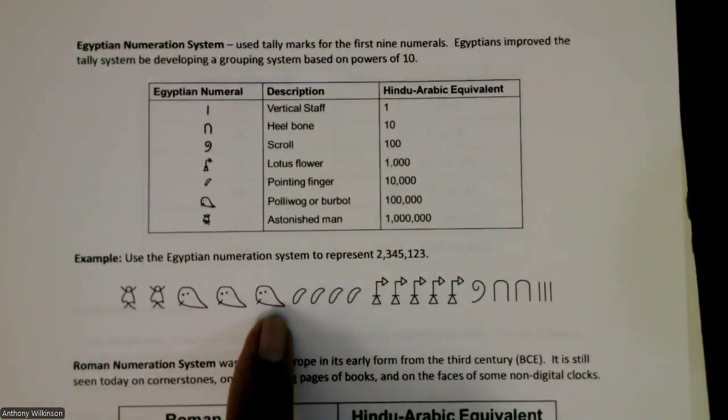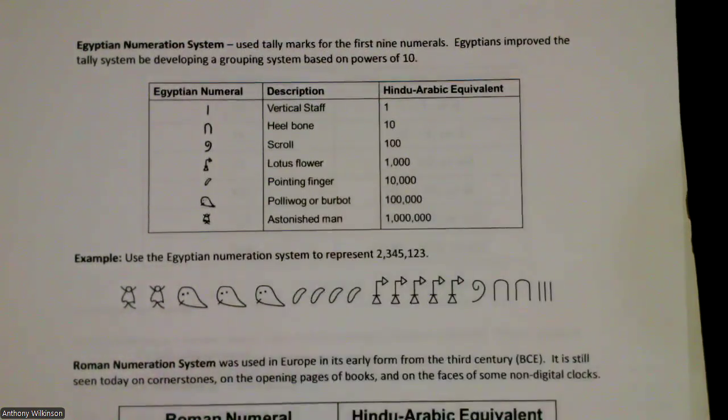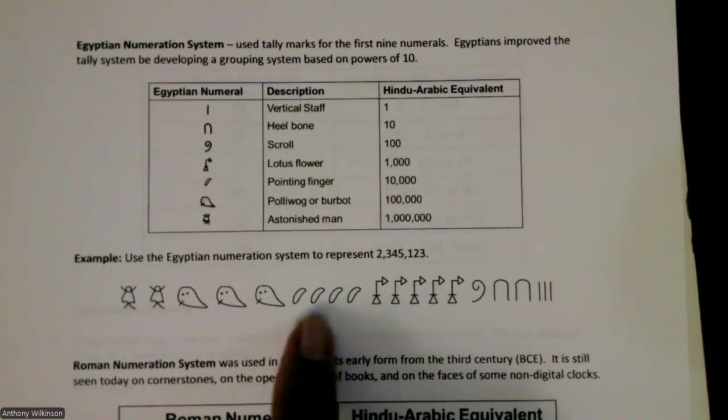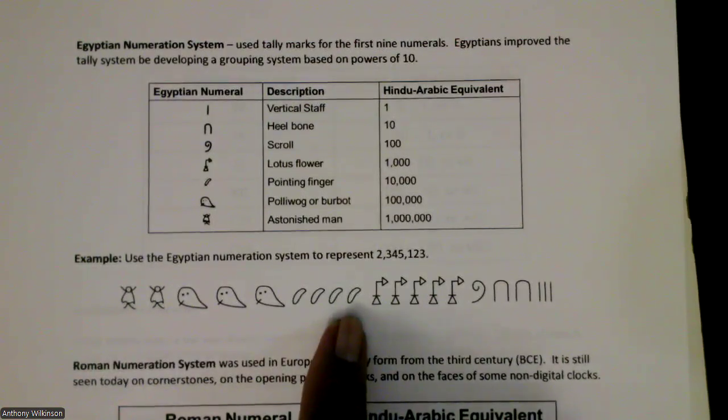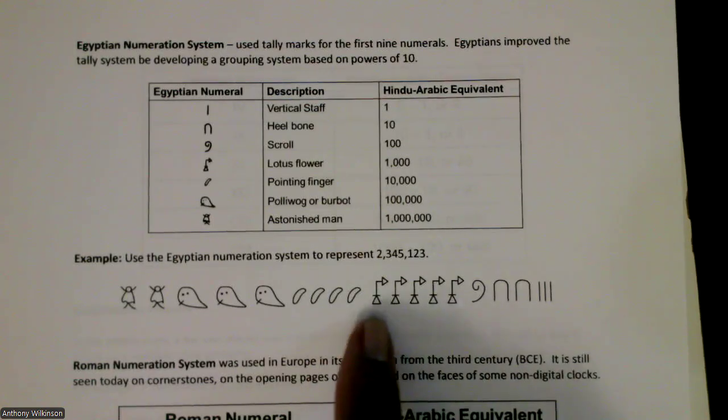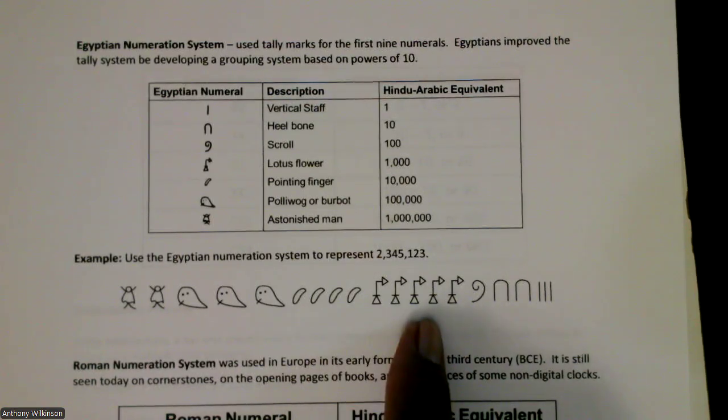And you'll have to have 3 polliwogs because each one represents 100,000. And then the 4 is 40,000, meaning you're going to need 4 pointing fingers because each pointing finger represents 10,000. And then the lotus flower, the 5 represents 5,000. So you have 5 lotus flowers for 5,000.